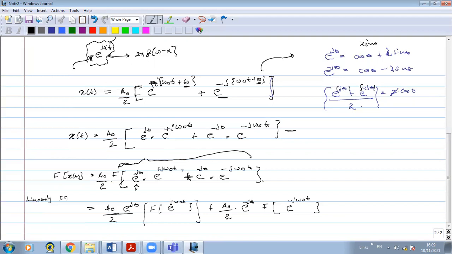When I write this, a naught by 2 and e to the power j theta are constants, so I have the Fourier transform of e to the power j omega naught t here, and a naught by 2 times e to the power minus j theta with the other Fourier transform. Now you can see the relationship.